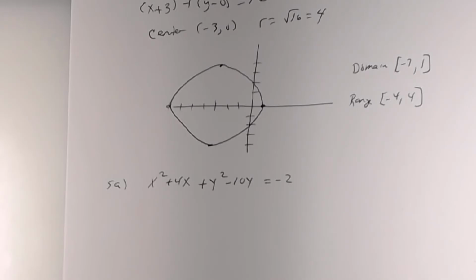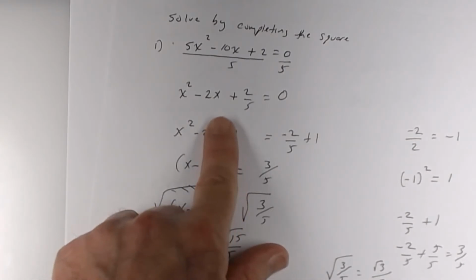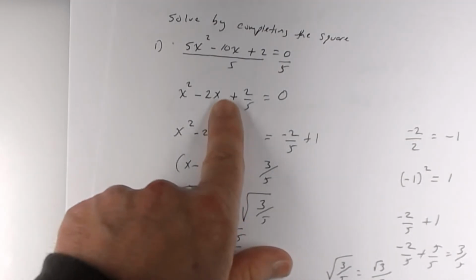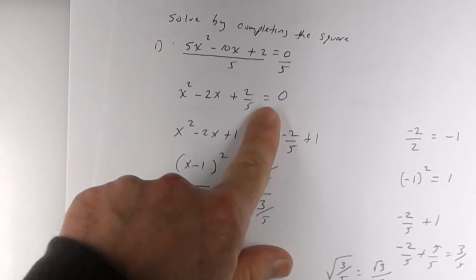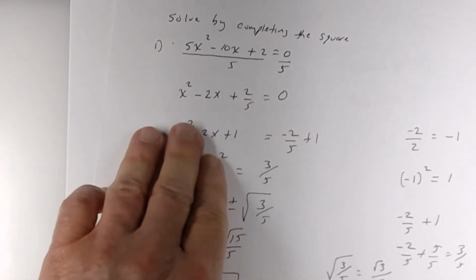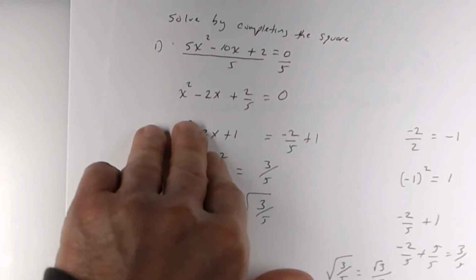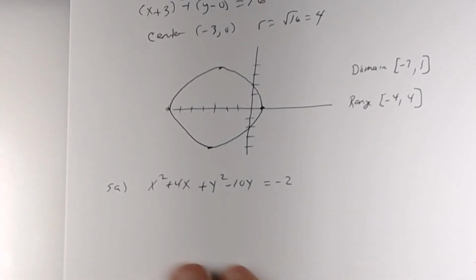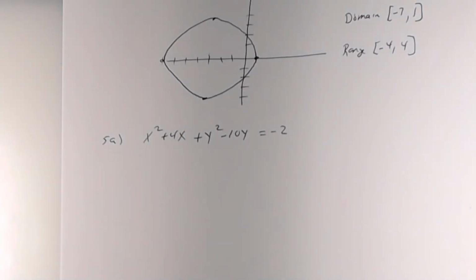Now remember when I solved this quadratic equation, at some point, didn't I bring the constant to the other side? And I left all the variables on one side? Same thing here. But in this case, isn't the constant already on the other side? Yeah, so negative 2 is already on the other side.